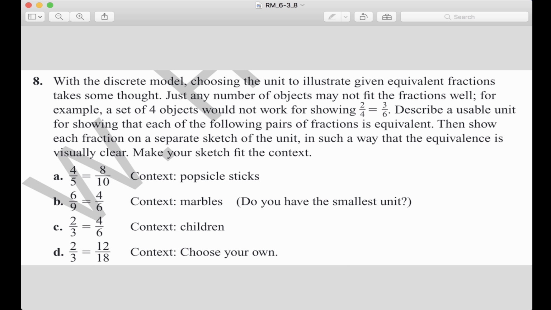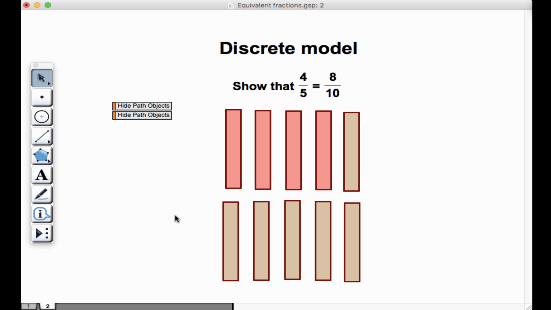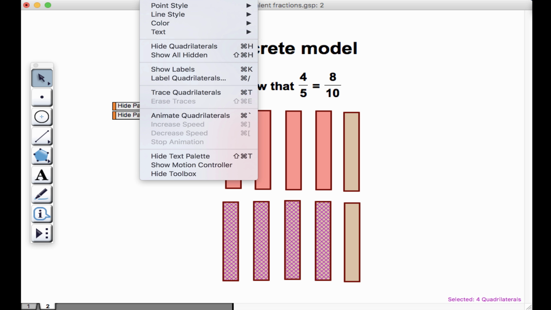So cutting in half really goes against the grain of using a discrete model. So with 5 items, you really can't show 8/10 in a discrete sense. You're going to need 10 items in order to do that. So looking at these fractions, 10 is the minimum number of things that we're going to need if we want to show 8/10 of something in a discrete sense.